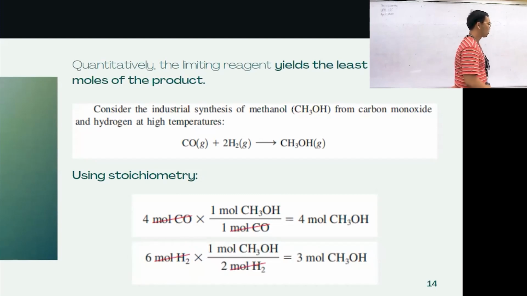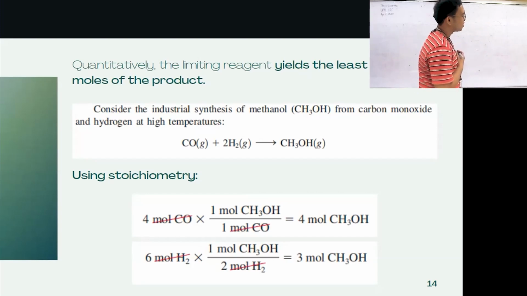When you have your stoichiometric conversion factor of 1 mole of carbon monoxide is to 1 mole of your methanol, you will yield 4 moles of your methanol. Pero, when we have 6 moles of your hydrogen gas, and 1 mole of methanol per 2 moles of hydrogen gas, it would produce 3 moles of your methanol. Tama ba to or kulang siya?